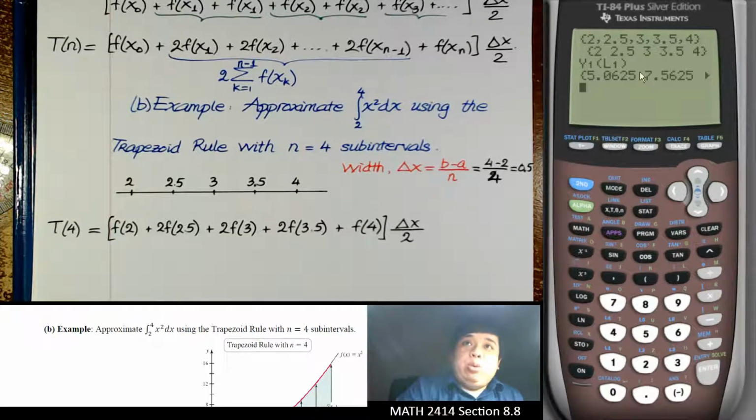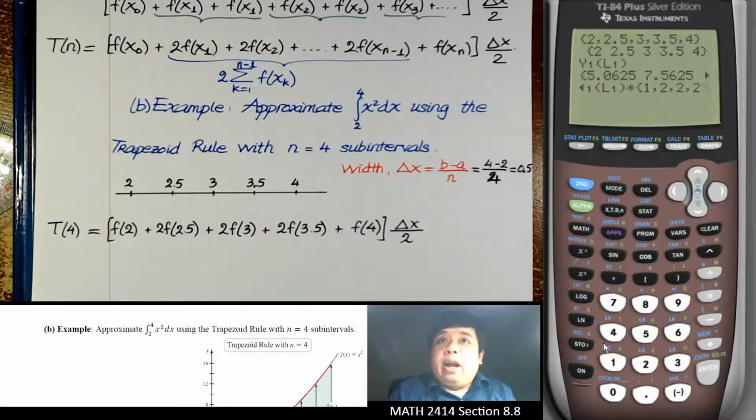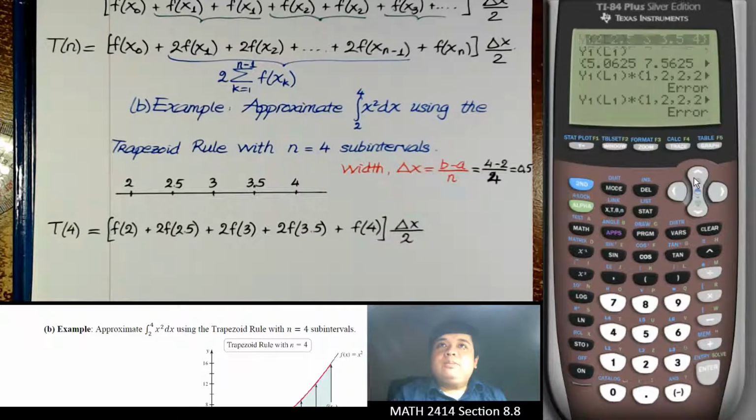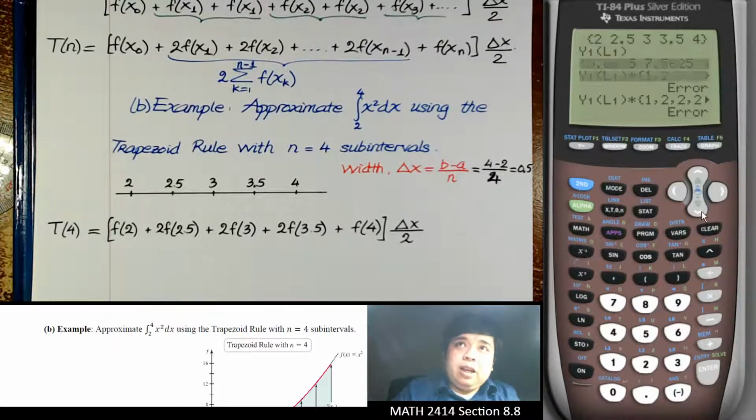So in that case, what I do is multiply that into another list of coefficients 1, 2, 2, 2, and then 1. Let me try that again.